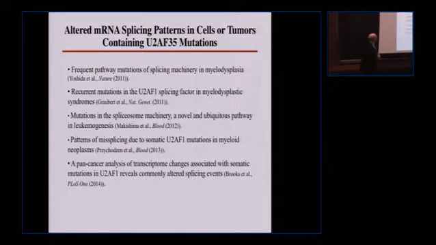But I felt these papers were unsatisfying because in no case could they link the alternative splicing event to the transformed phenotype. So we adopted an approach that differed in at least 3 ways from these previous studies.